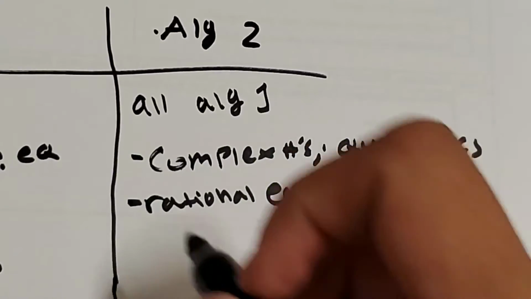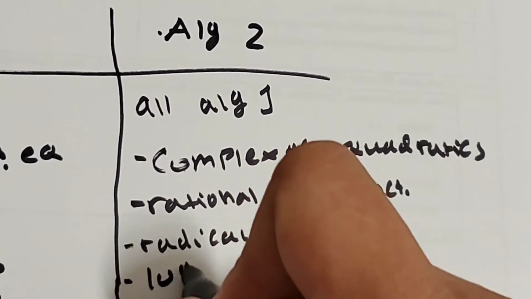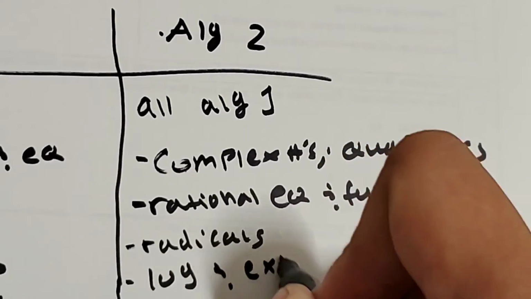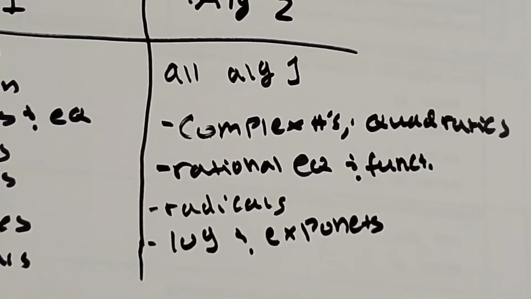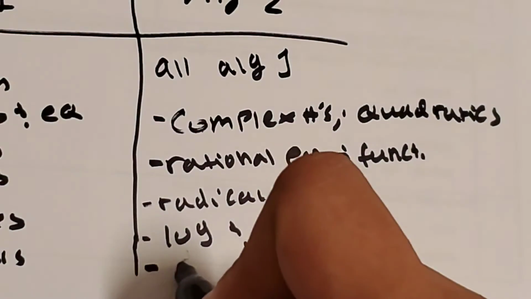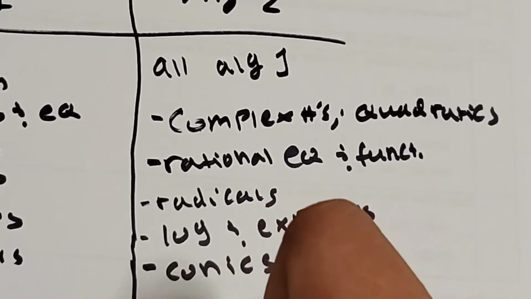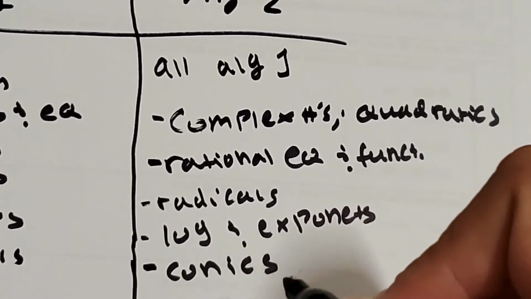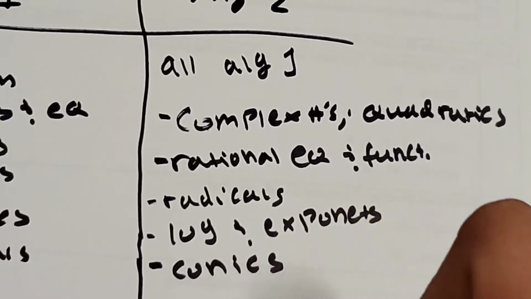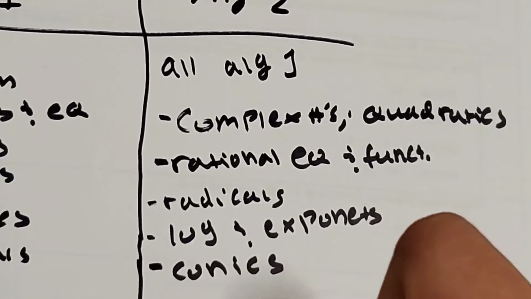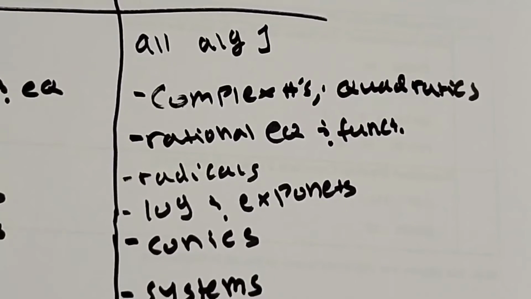We'll go in depth on radicals, logs and exponents. And then we will cover conics, systems, series and sequences as well. So Algebra 2 is the more advanced.